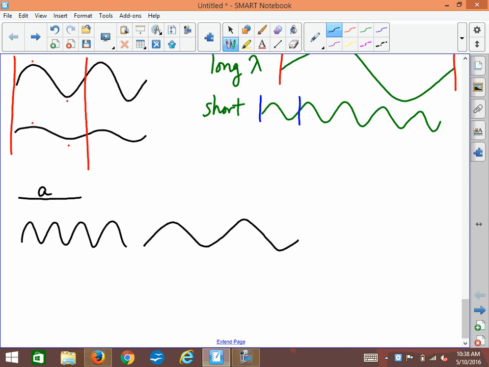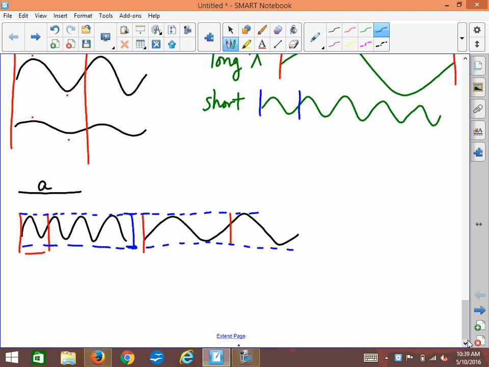If you look at the length of the repeating units, here is 1. That's all it is. It's that much. But my repeating unit here is much bigger, so it's a longer wavelength. However, if you look at how far I'm stretching up and down, or how far I'm displacing the string, you'll see that it's the same all the way across. See that? So you have to get your head around what those two things look like.